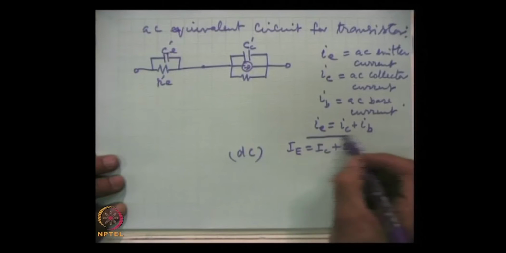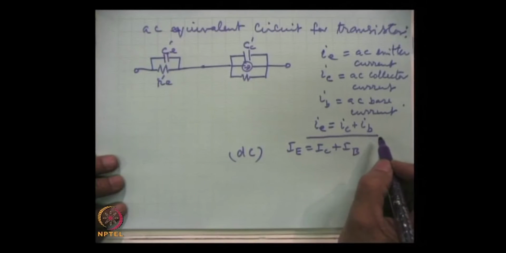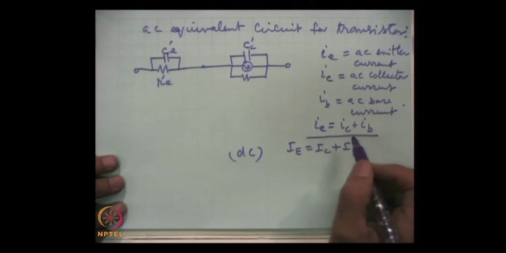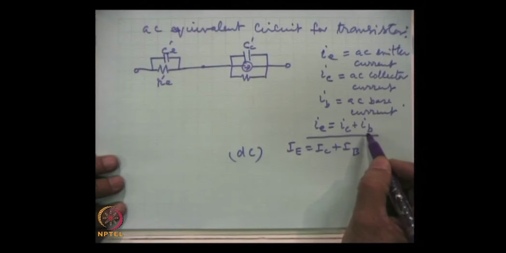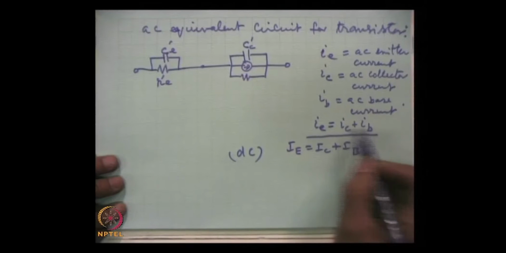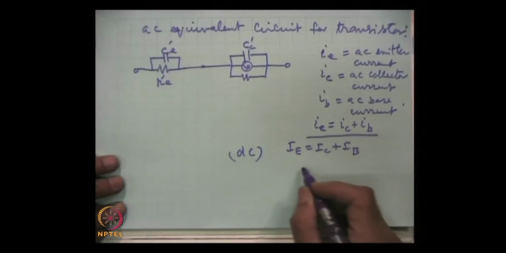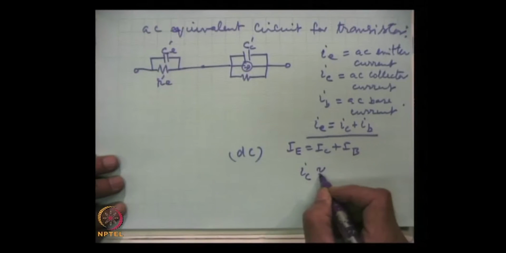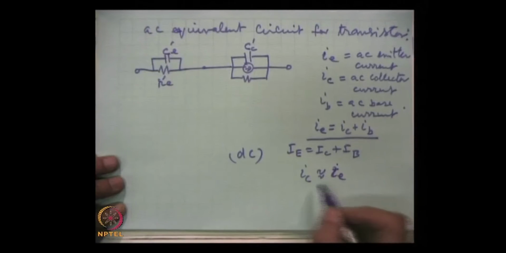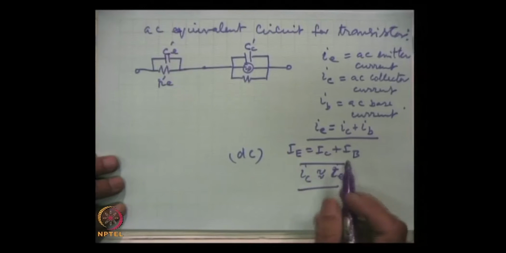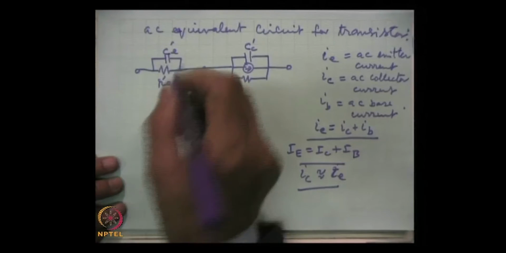In many situations, as we will see, in transistor analysis, because the base component is at least 2 orders of magnitude smaller, I C will be equal to I E. This we will see when we come to this point.